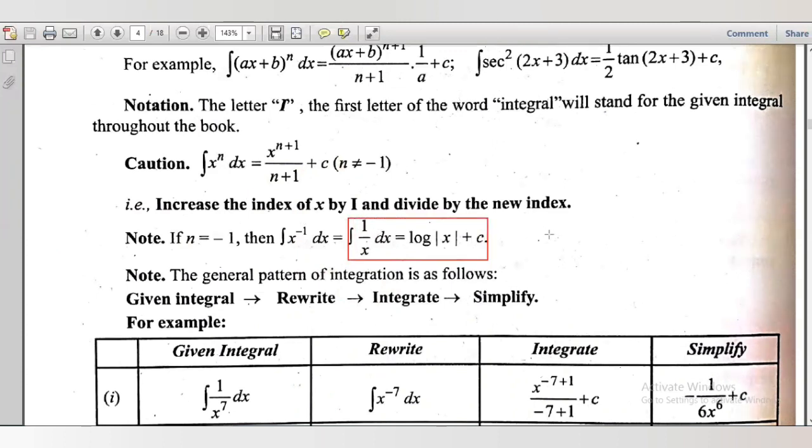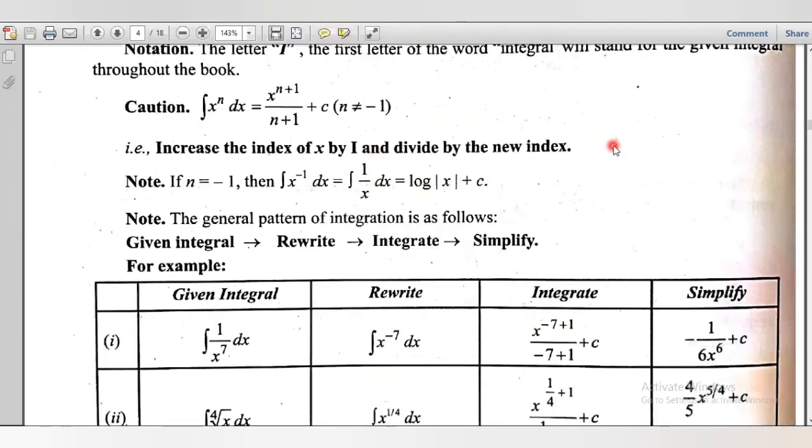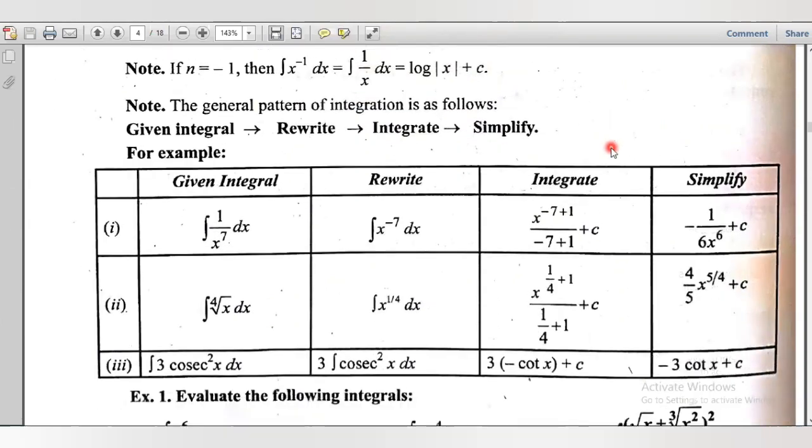You can memorize this one also, right? This one, integral of 1 upon x dx is equal to log of mod of x plus c, right? Okay, let's see next.